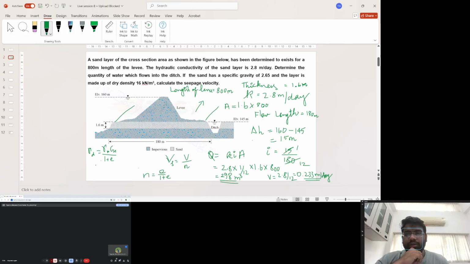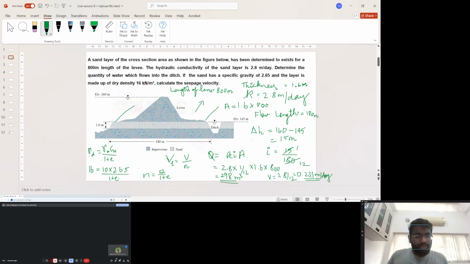So we need the gamma W. Gamma W can be taken as 10. Gamma D is 16, which is equal to 10 into 2.65 by 1 plus e.